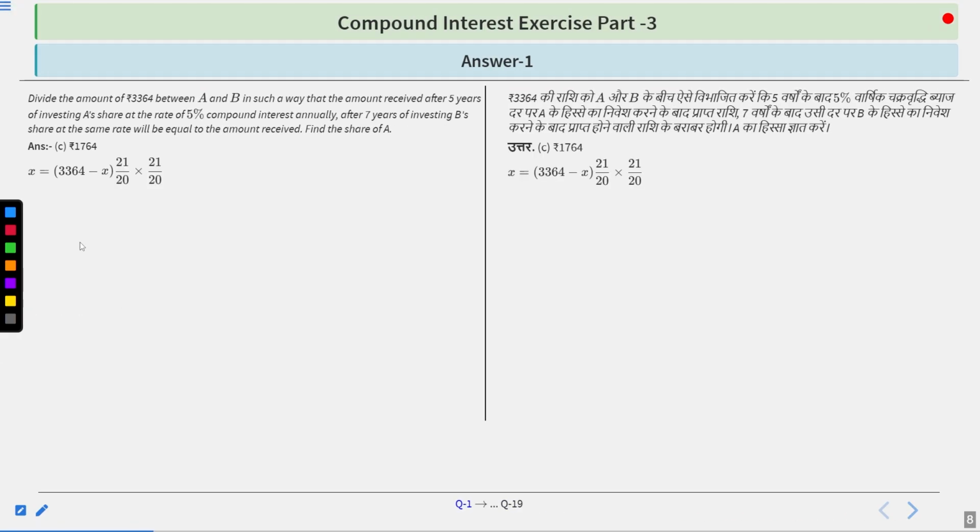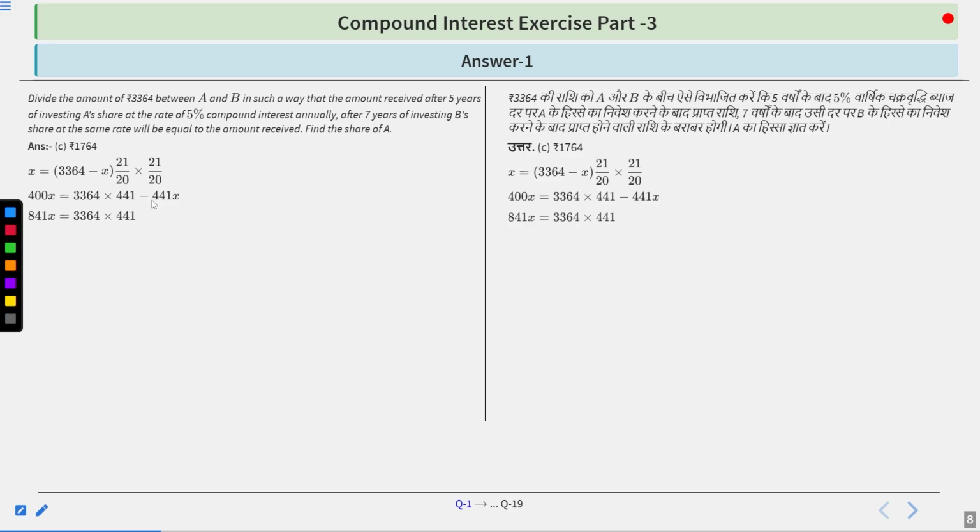Therefore, x is equal to (3364 minus x) into 21 upon 20 into 21 upon 20. Therefore, 20 into 20 on the right hand side is 400, and after multiplying by x, it becomes 400x. That is equal to 3364 into 441, because 21 into 21 is 441, minus 441x.